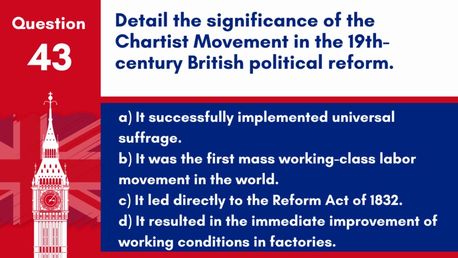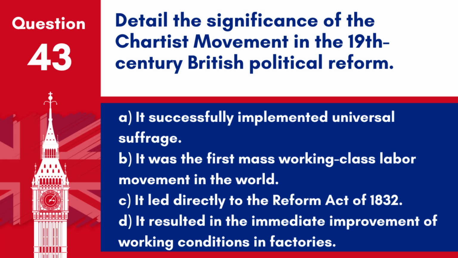Question 43. Detail the significance of the Chartist movement in the 19th century British political reform. A. It successfully implemented universal suffrage. B. It was the first mass working-class labour movement in the world. C. It led directly to the Reform Act of 1832.